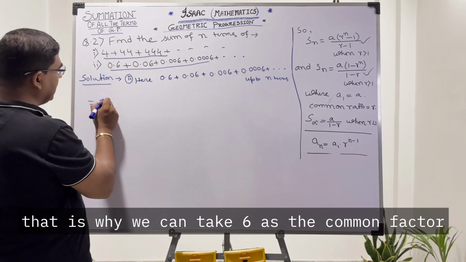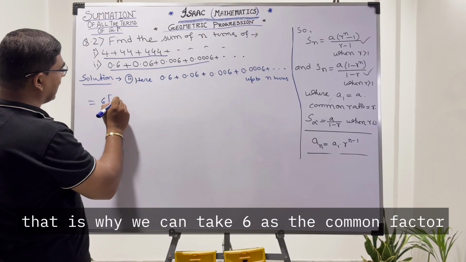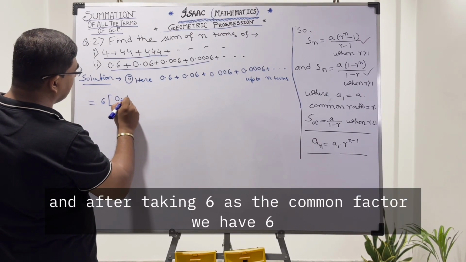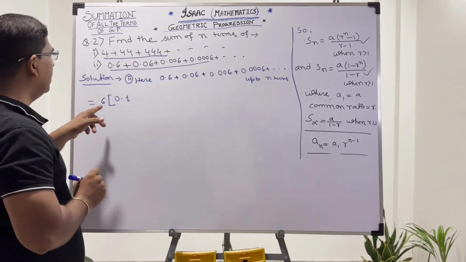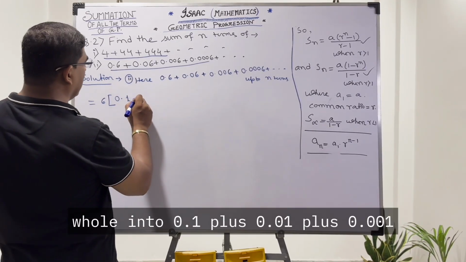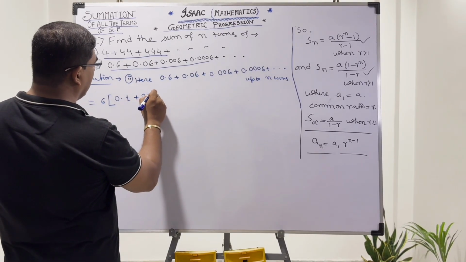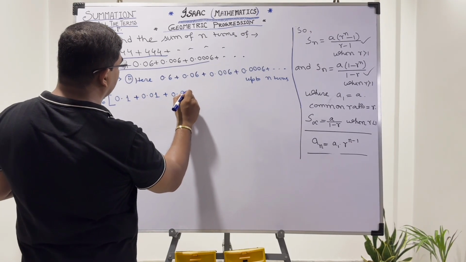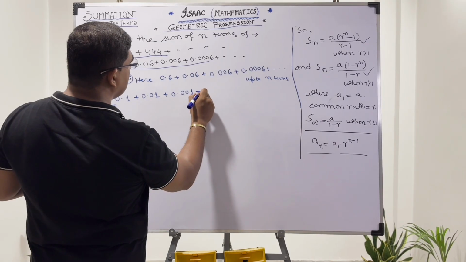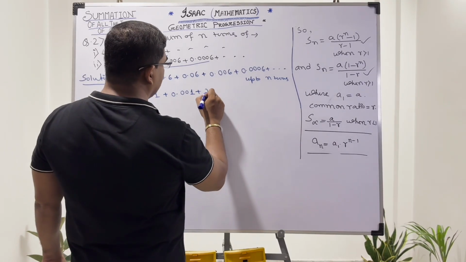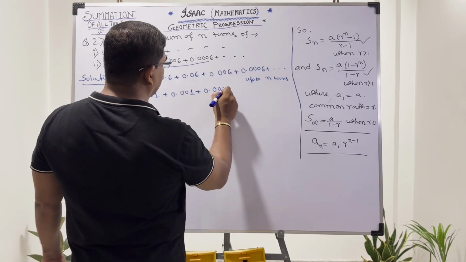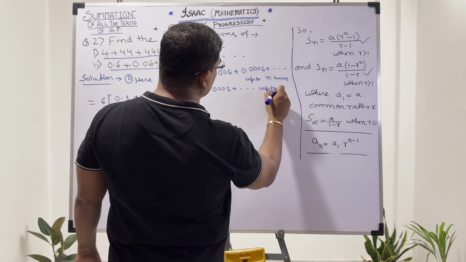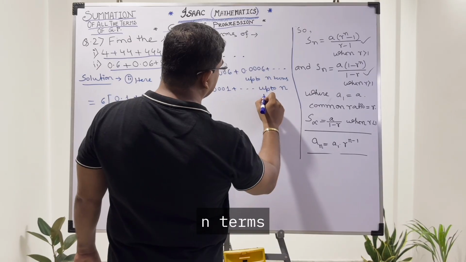That is why we can take 6 as the common factor, and after taking 6 as the common factor, we have 6 whole into 0.1 plus 0.01 plus 0.001 plus 0.0001 plus continuing up to n terms.